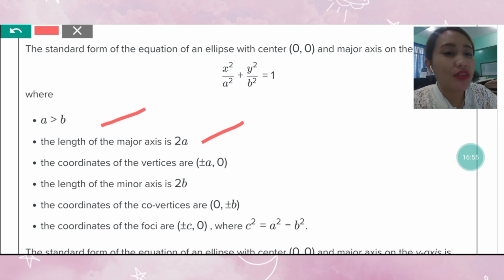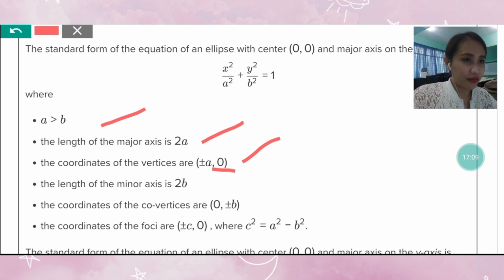The coordinates of the vertices are positive, negative a, and 0. The y-coordinate is 0 because the points are on the x-axis. Going to the right, that's positive a. Going to the left, it's negative a since it's the negative side of the x-axis.